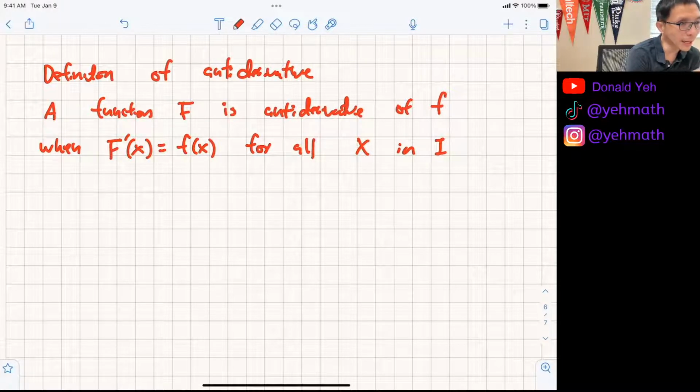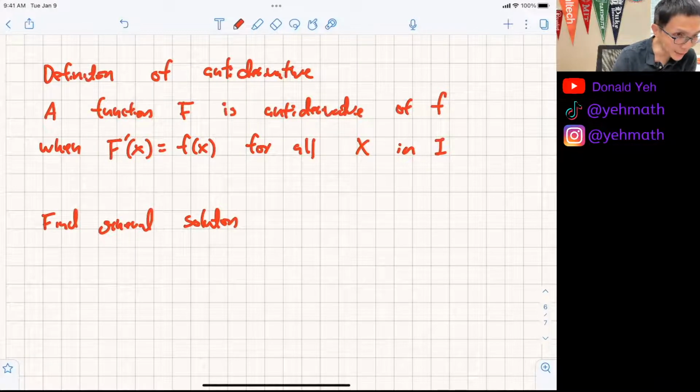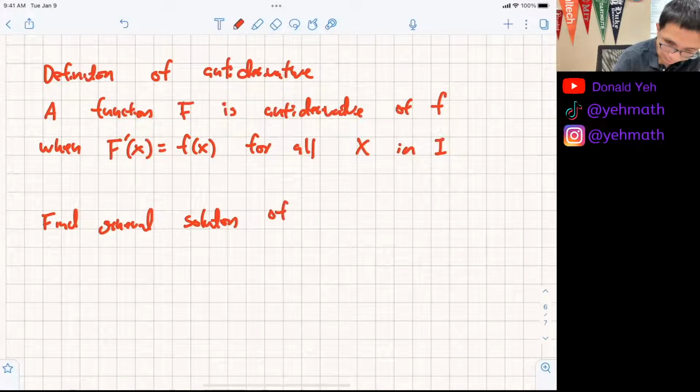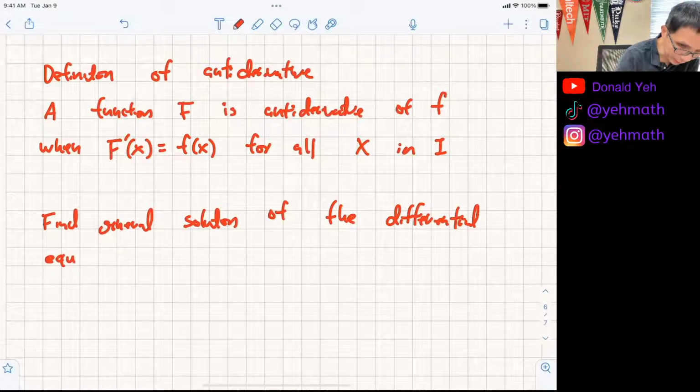Okay, so usually I will say, hey, can you find the general solution? Find out what y is of the differential equation. What does that mean? The differential equation is the derivative, which is y prime is equal to 2.